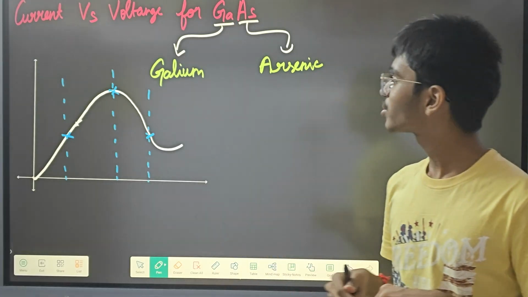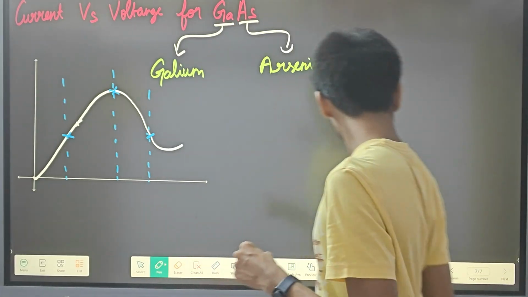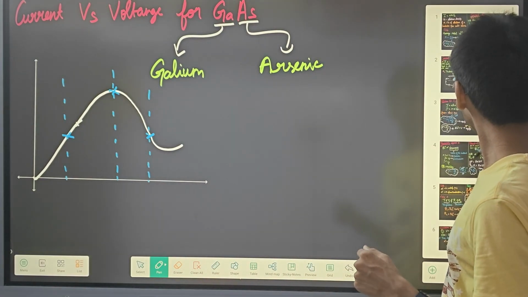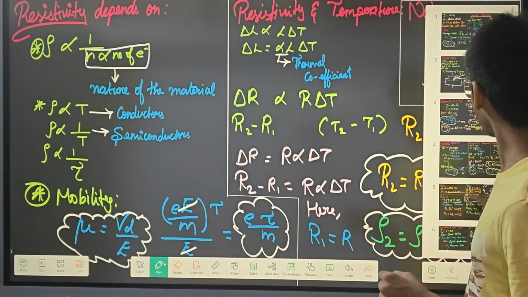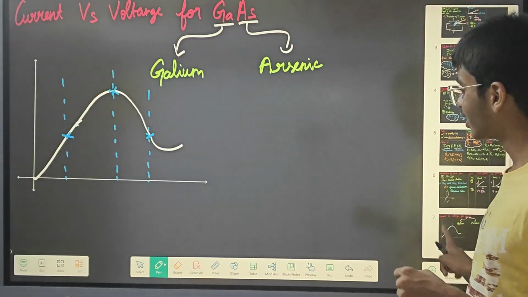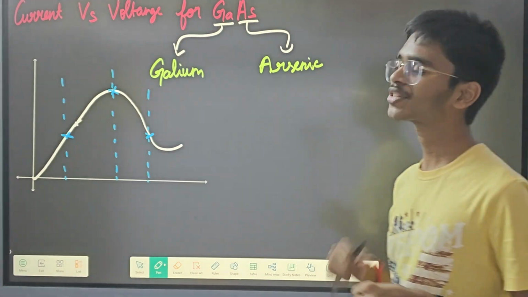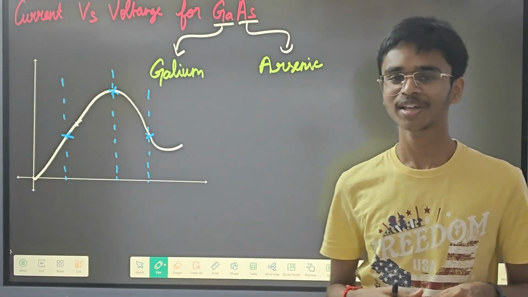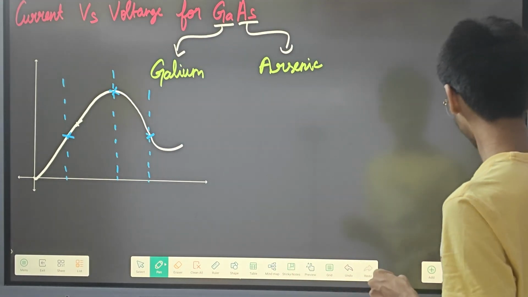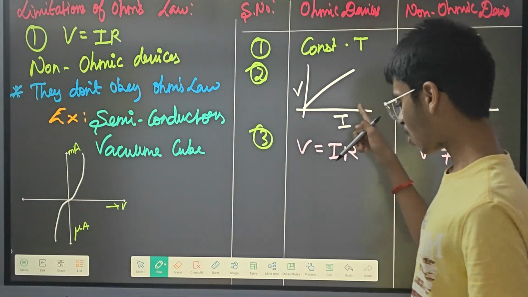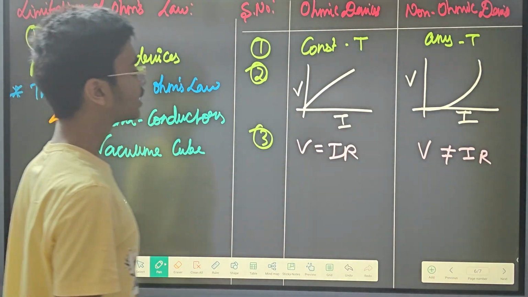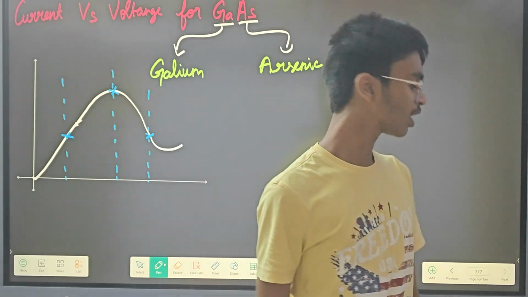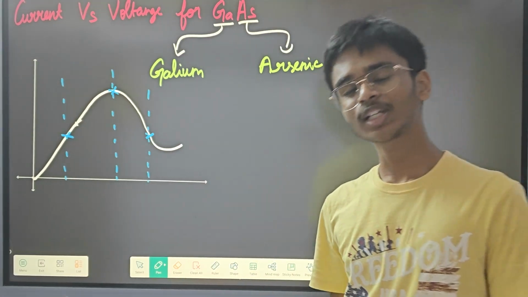You would have studied this concept in class 11th in elasticity, and this graph is just like the elasticity graph. Also, this law holds only till a particular limit: V is directly proportional to I only up to a point, and after that it is not directly proportional.